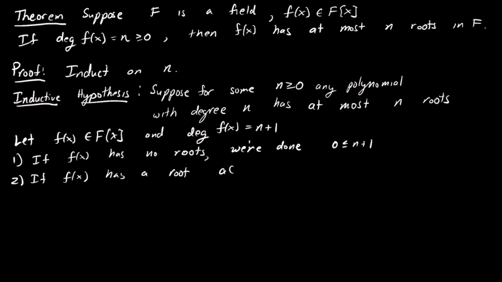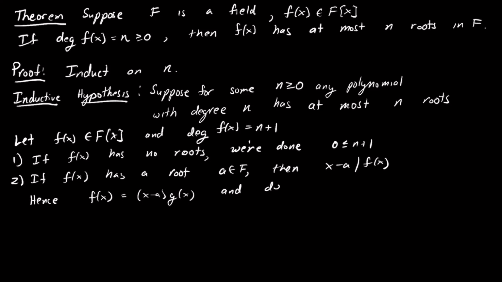So the other possibility is if f of x has a root, so let's say we'll call this root a in F, then I know that x minus a divides f of x by our theorem. So what does that tell me? So hence, I can write f of x is equal to x minus a times g of x. Well, what do I know about g of x? The degree of g of x has to equal n.